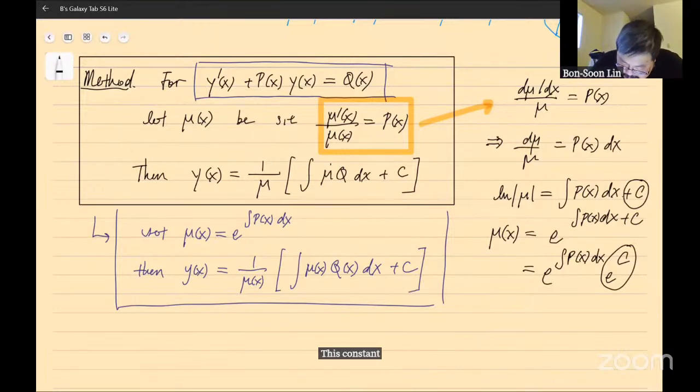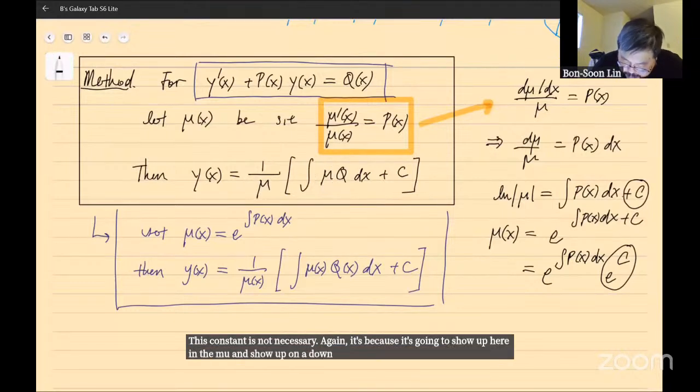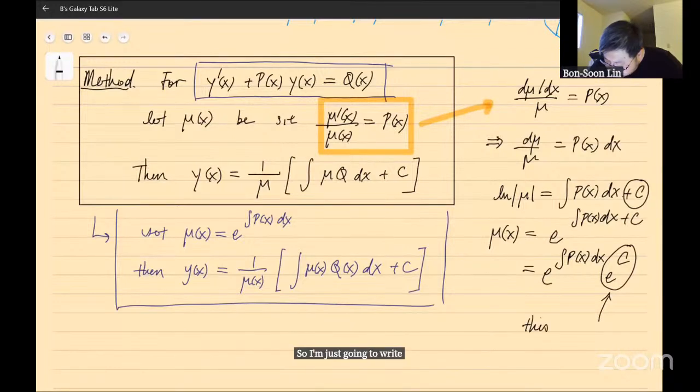Again, it's because it's going to show up here in the mu and downstairs in the mu, and they are going to cancel. So I'm just going to write this will get canceled anyway. So no need for this term.